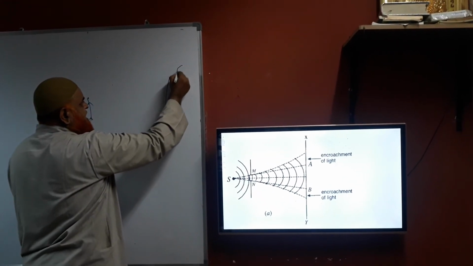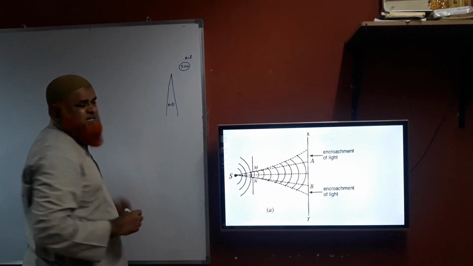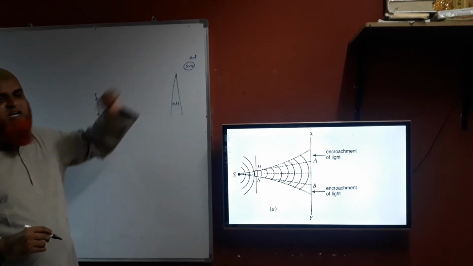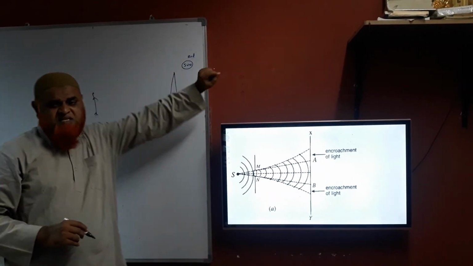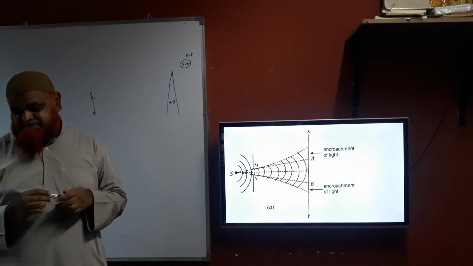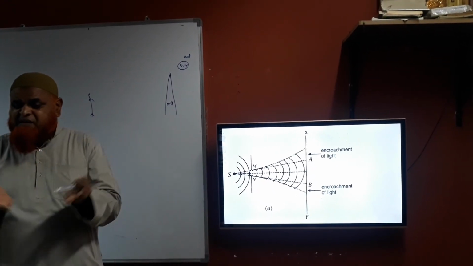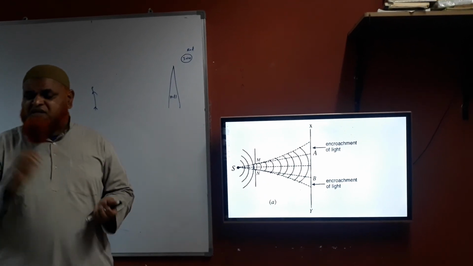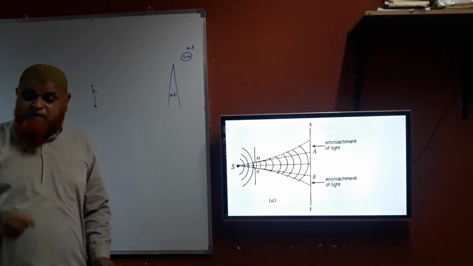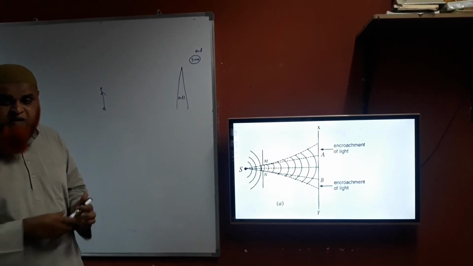Early morning you see a sun which is red in color, and you can see it directly. There is no stress to your eyes. You are not seeing the shining of the sun. You see a red ball, and what is that red ball? It is not the actual sun, it is a diffracted image of the sun.